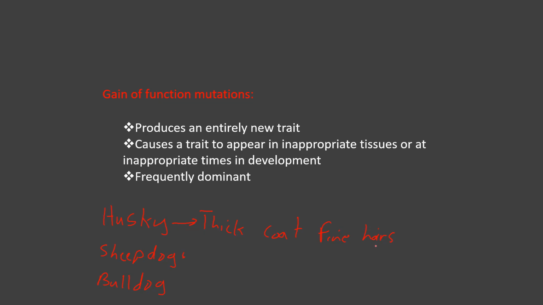So see if this makes sense to you. If you had a dog in Jamaica that picked up husky mutations and the dog grew a thick coat with very fine hairs, would that trait be a gain of function in Jamaica?